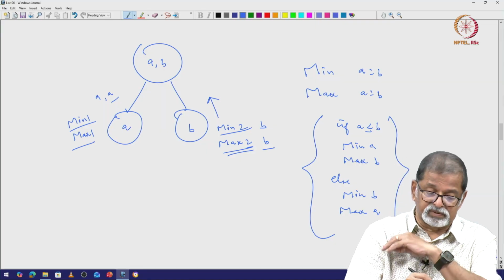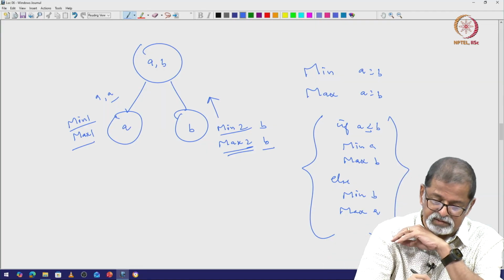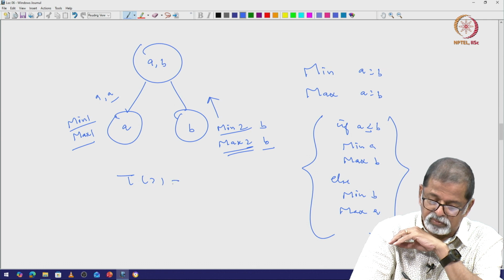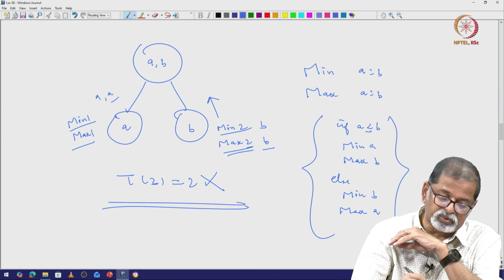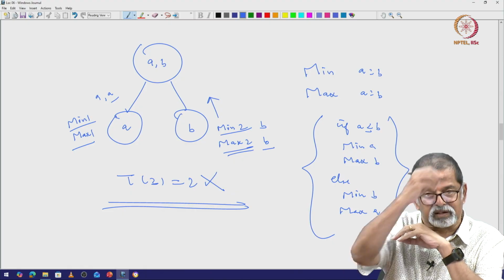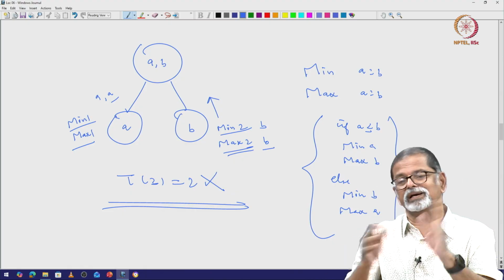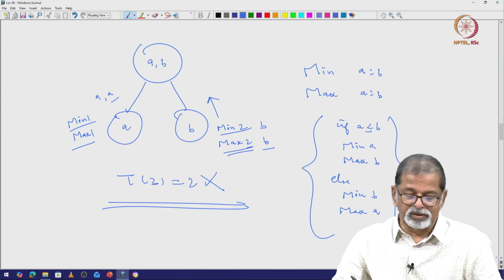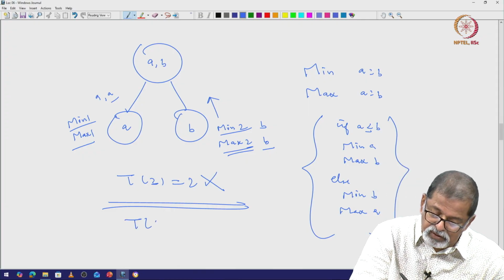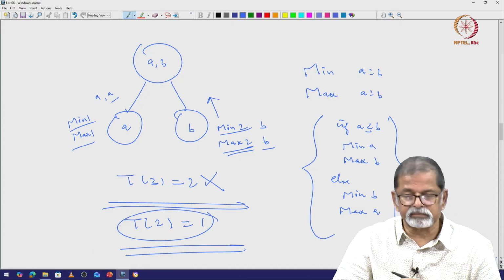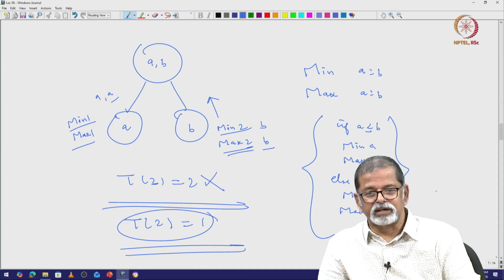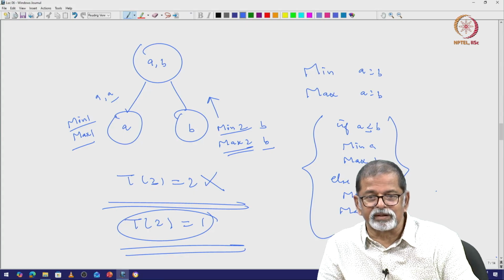When you have this model, when you are recursing through, you are getting T of 2 equal to 2, not necessary. When you bottom out at 2, you get T of 2 equal to 1.